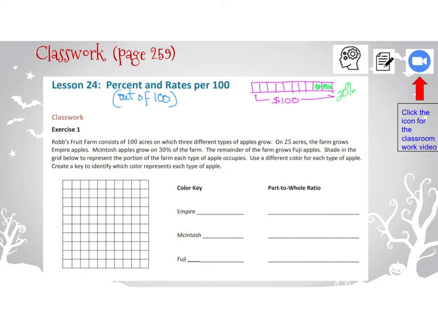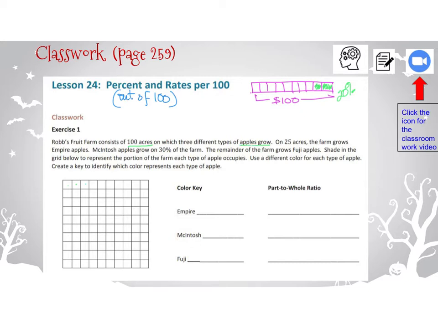Okay, and below, we're looking at this grid that is a 10 by 10, and 10 by 10 means there are 100 of those little squares in there. So we're going to take a look at the story. Robin's fruit farm consists of 100 acres, so each of these represents an acre, of 3 different types of apples.